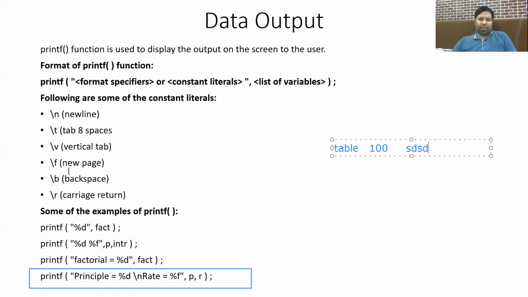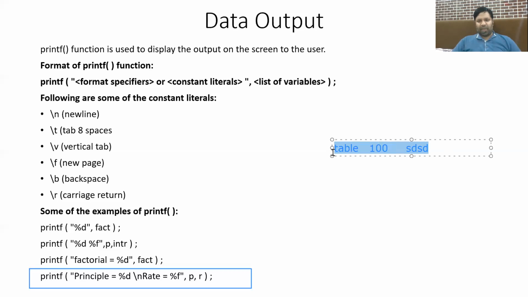/v is used for the vertical tab, /t is used for the horizontal tab. Similarly, you have /f, which will take you to the next page of the output. /b is for backspace, removing some character. /r is used to return to the beginning of the same line. /n is used to move to the next line.